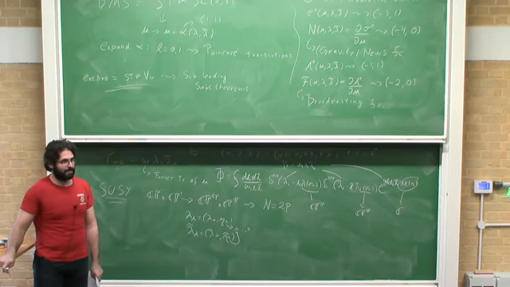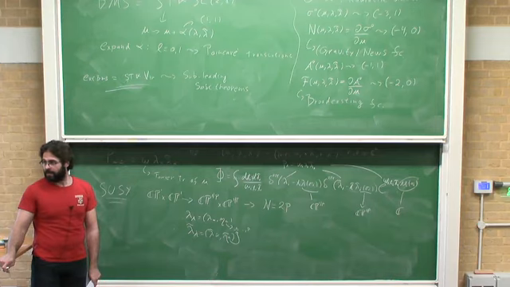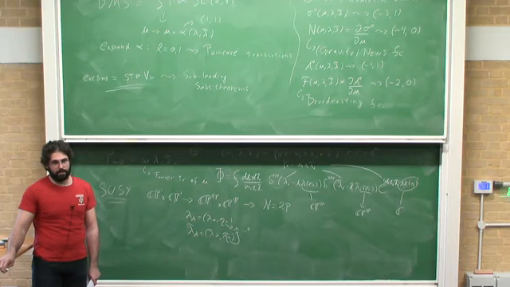How do you translate e to the ikx in the bulk to the data on scri? Does one ever need it? You can. But the point is that the delta function supports you on k.p equals 0. There's kind of a one-to-one map between the two.